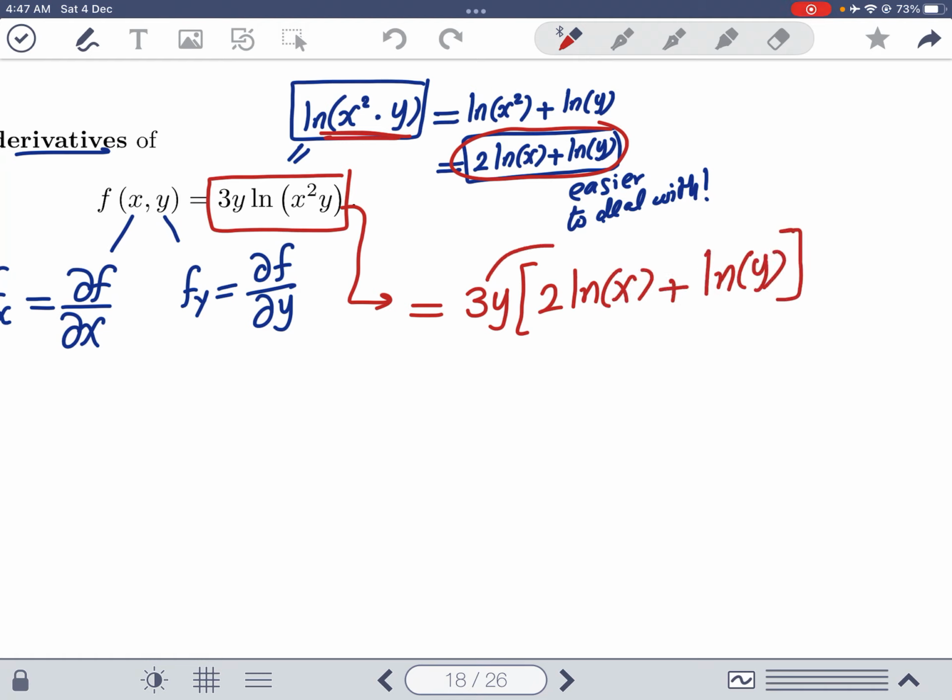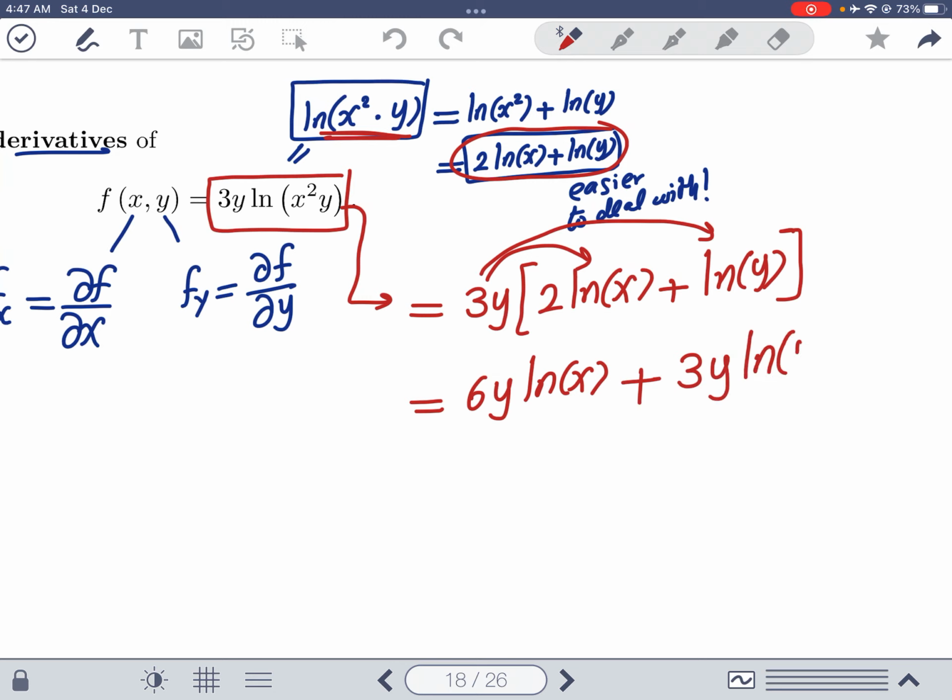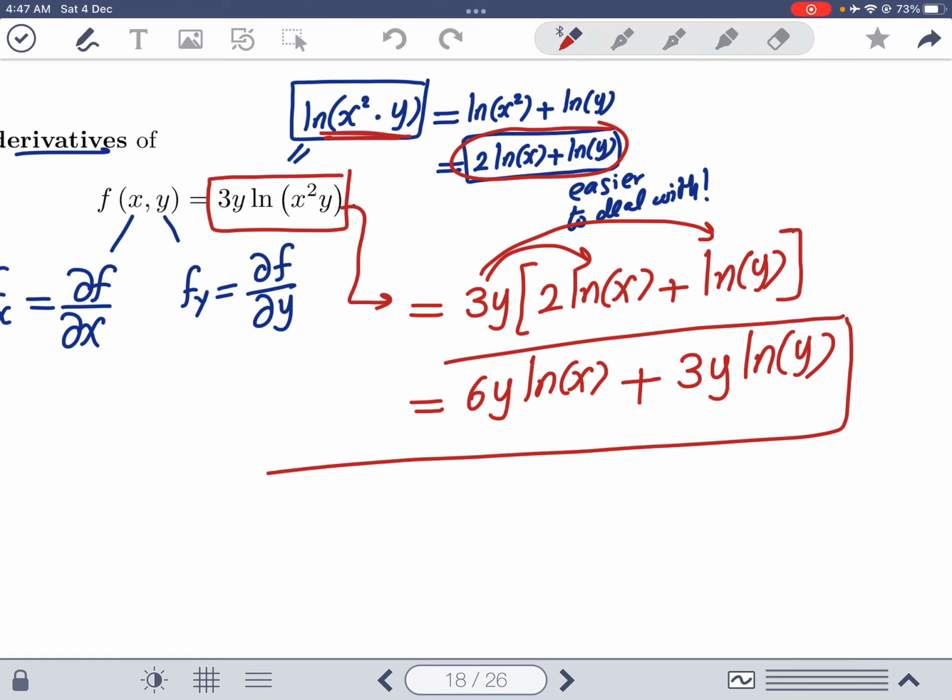Multiply inside, so distribute it here and there. You'll get 3 times 2 is 6y ln of x plus 3y ln of y. Okay, good. So now this is our function. This is our f of x y after simplification.